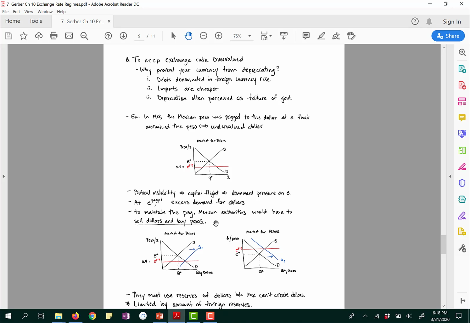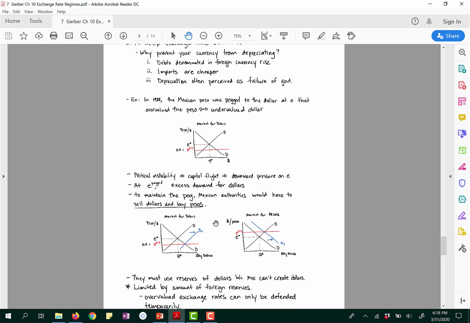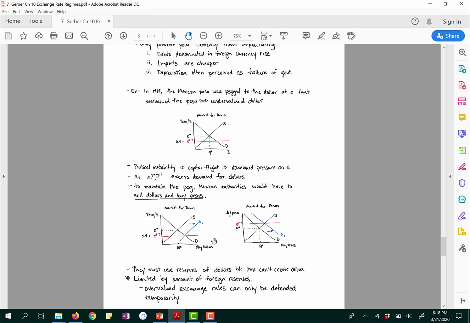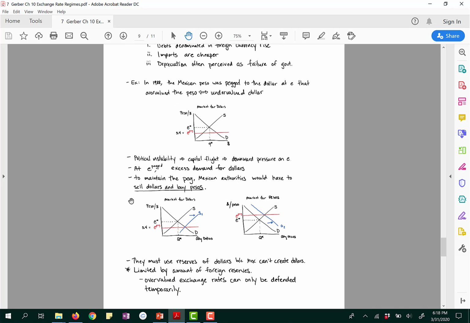In order to maintain the peg, the Mexican authorities have to sell dollars and buy pesos. In the market for dollars, that is an increase in the supply of dollars. In the market for pesos, it is an increase in demand that props up the value of the peso and keeps the value of the dollar low.